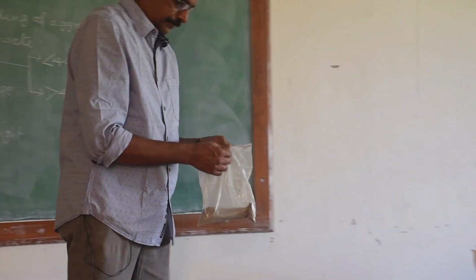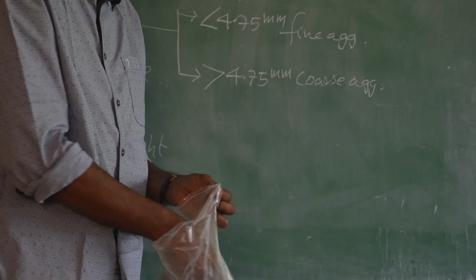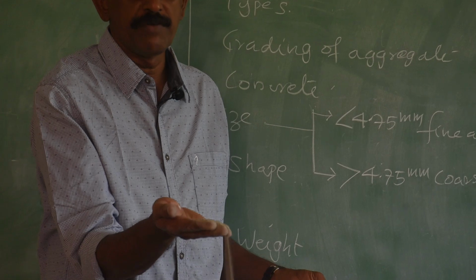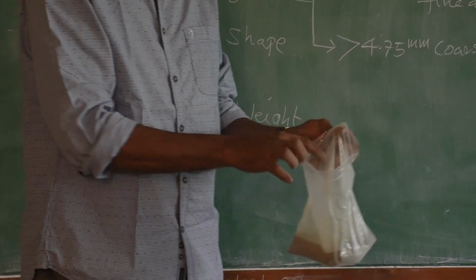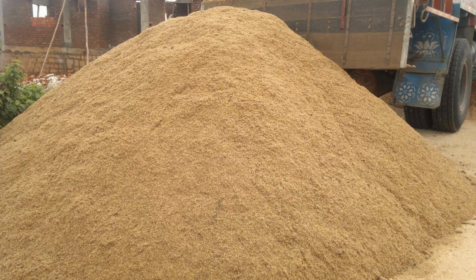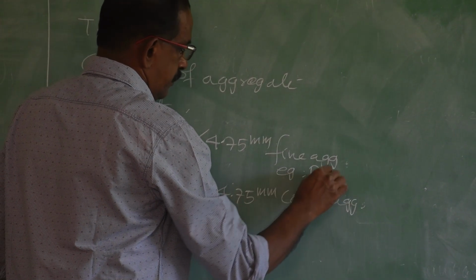Now you see this aggregate, the size is less than 4.75 mm. What is this? This is sand. So an example for fine aggregate is sand, river sand.